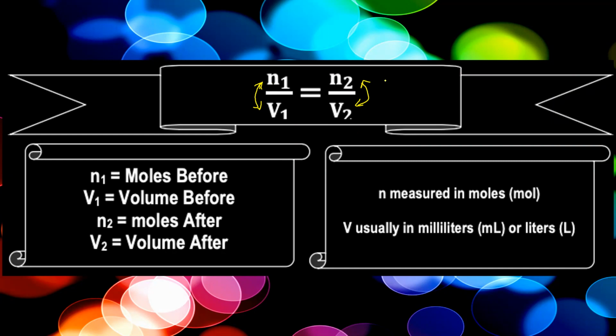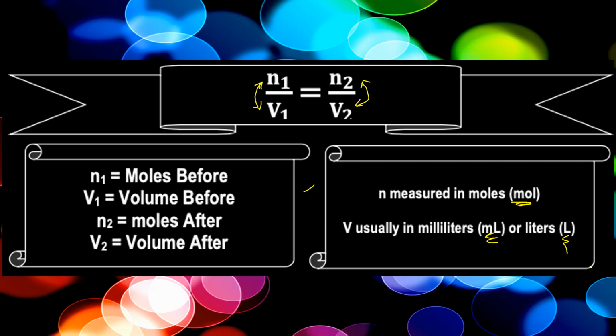We have moles before, we have volume before, we have moles after, we have volume after, and I gave you some reminders, ways to clearly figure out what number means what. Moles would be in moles, volume could be in milliliters or liters. Now there's one catch with volume, and I'm not going to trick you like this, but it is important that if you start with milliliters, you end with milliliters.